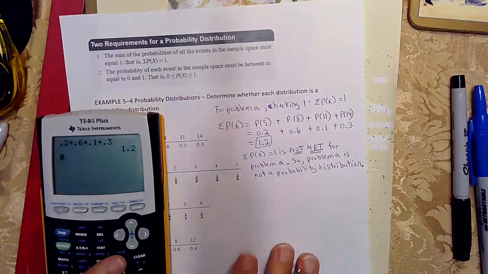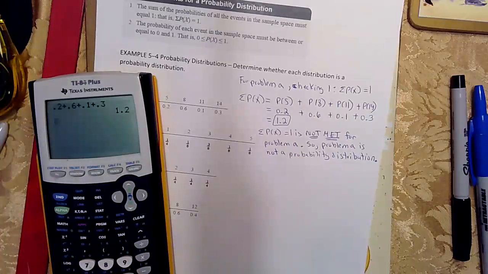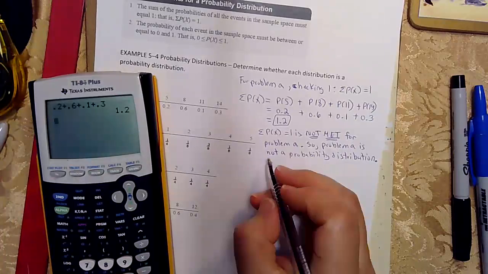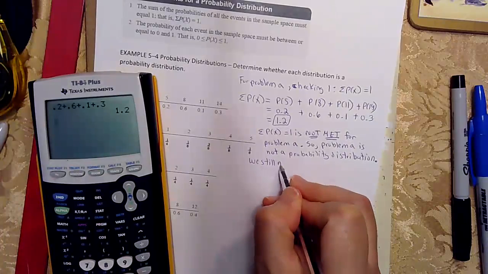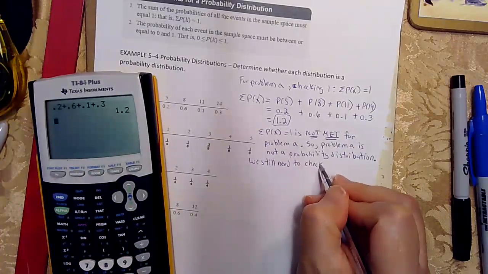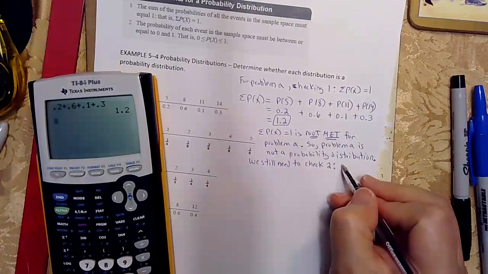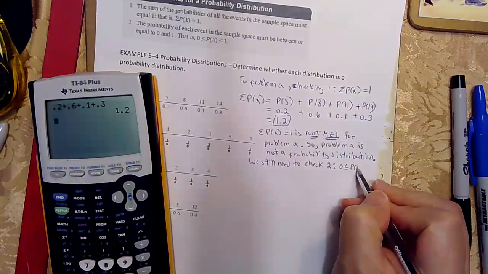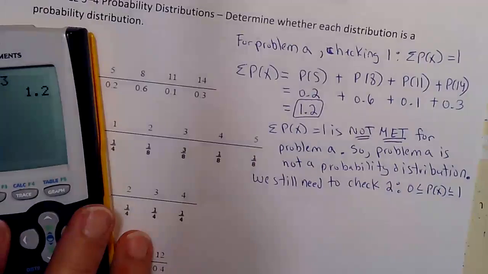Now, just because of that, I don't want you to stop there. I still want you to investigate number 2. So we still need to check number 2, and number 2 says that each probability has to be between 0 and 1, each one.